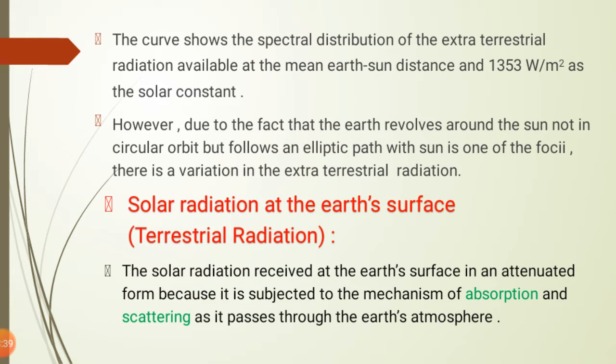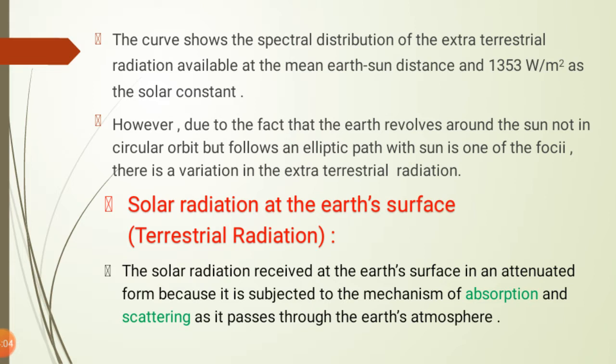We know that the Earth is revolving around the Sun, but it does not follow a circular path, it follows an elliptical path. That means there is a variation in the extraterrestrial radiation, so we will get a different intensity at different locations.